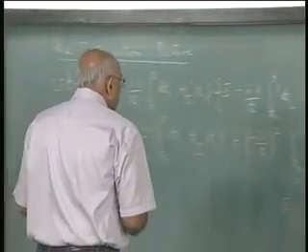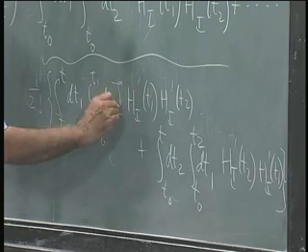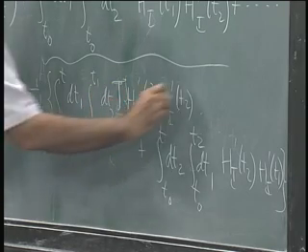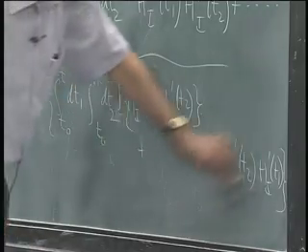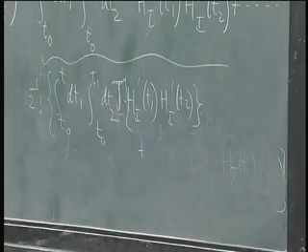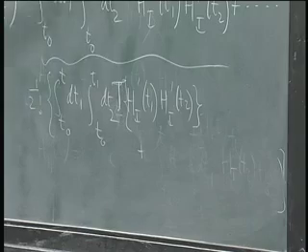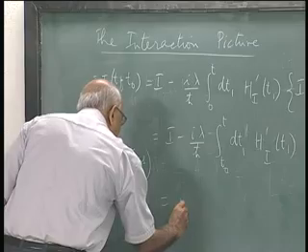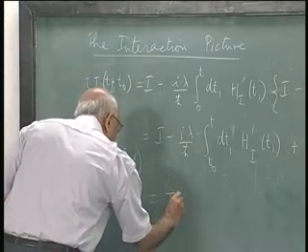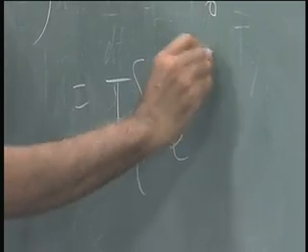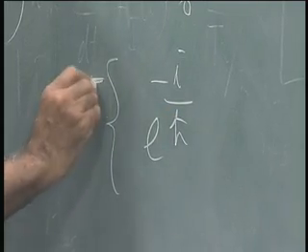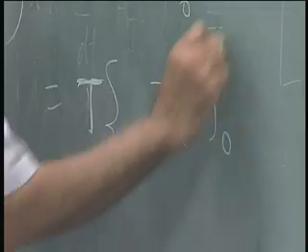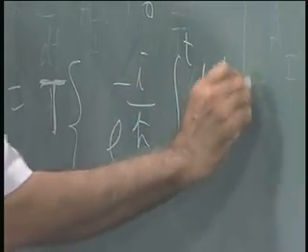So I could write this as the time ordered product T of this, and erase this, and then I have a 1 over 3 factorial, the time ordered product, etc., and that whole thing can therefore be written as the time ordered exponential, minus i over h cross, if T is the time ordering operator, time ordered, 0 to t, dt prime.